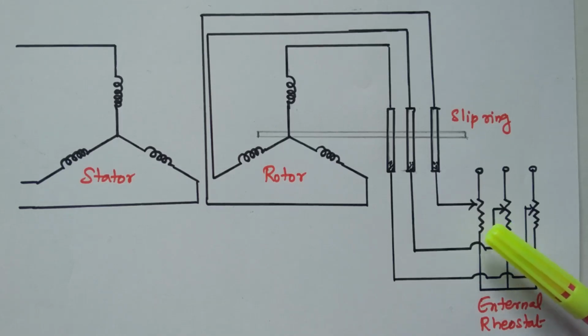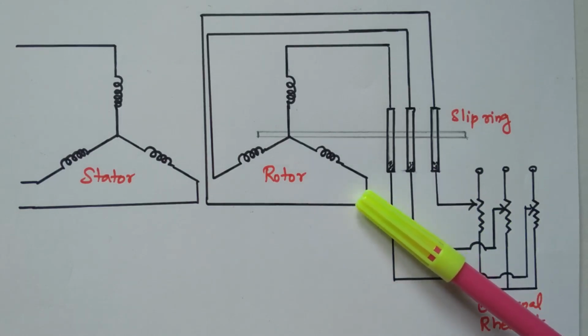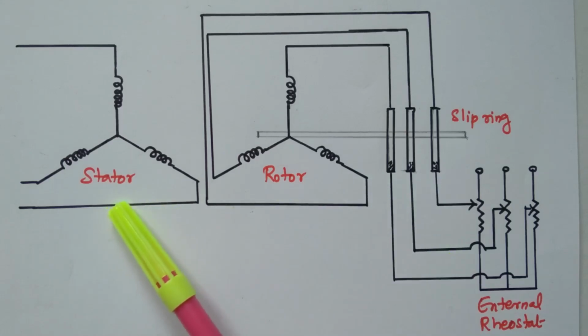So the current drawn and voltage applied to the rotor winding is reduced. If the voltage applied to the rotor winding is reduced, automatically the voltage taken by the stator winding also reduces.